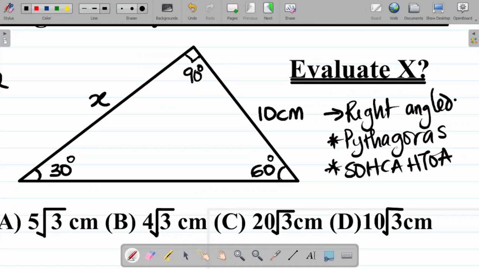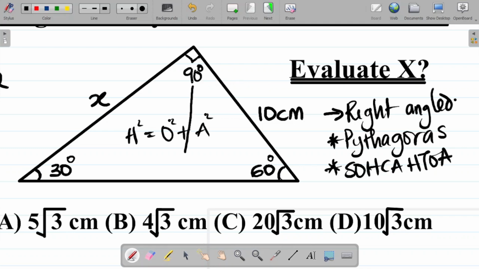The Pythagoras theorem says that the square of the hypotenuse is equal to the square of the opposite side plus the square of the adjacent side. Given this triangle, the hypotenuse is simply the side facing the 90 degrees.